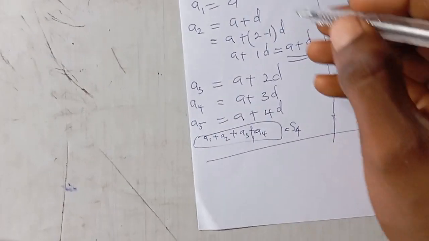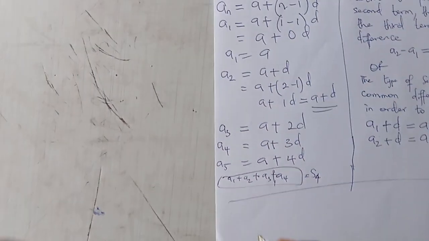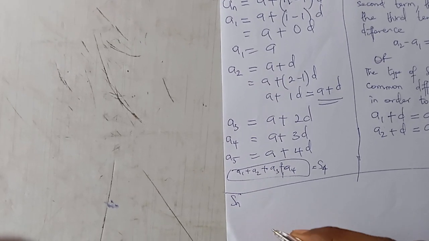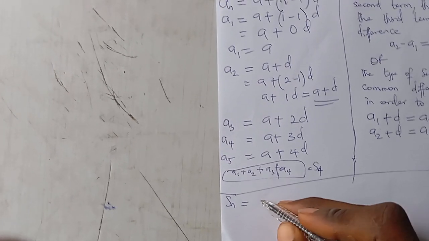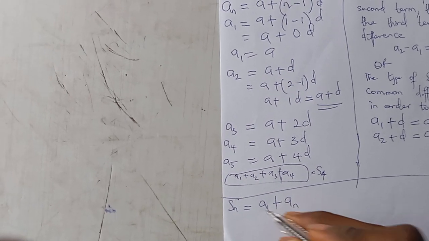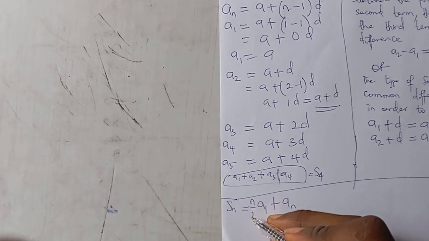Remember that what we did here is the nth term of an AP. So for the sum of the nth term of an AP, we have E1 plus En, then n over 2.